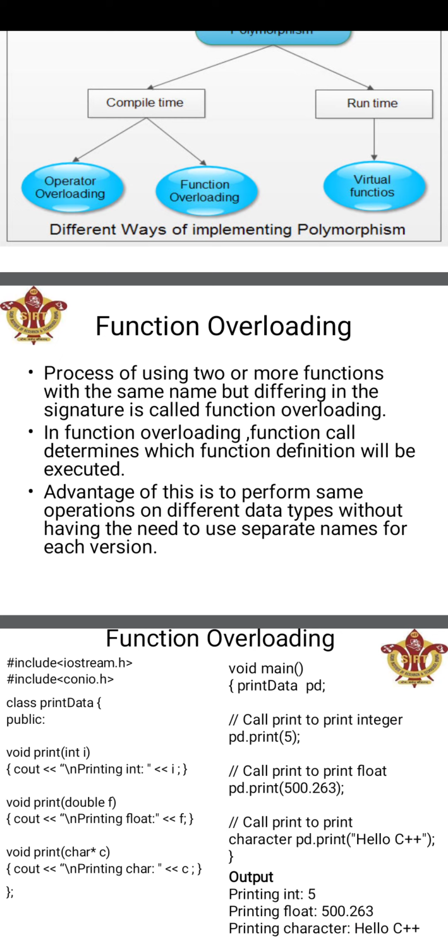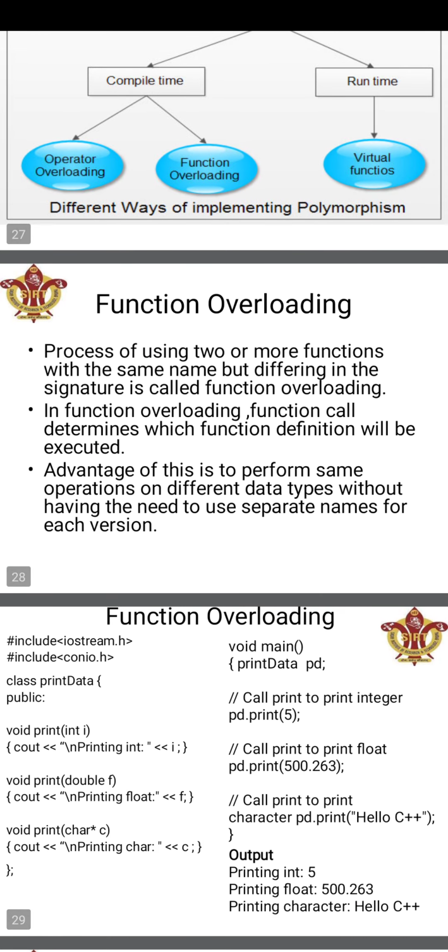So for example, suppose I am making one function area, and in that I am passing only one argument, let us say the radius. For calculating the area of a circle, I will have to pass one argument, and that is radius. This will be executed whenever I call the function area with only one argument.